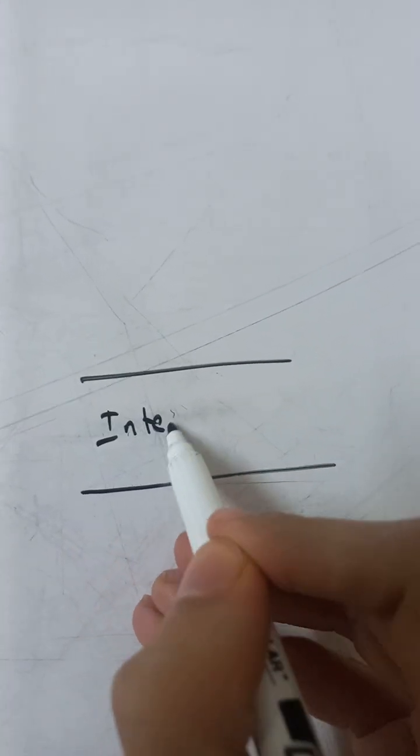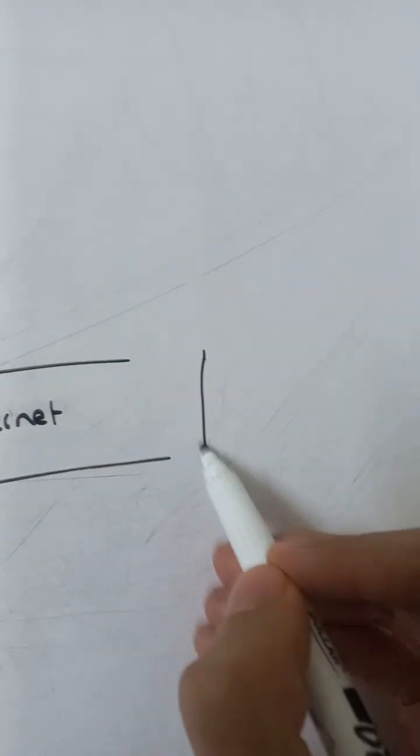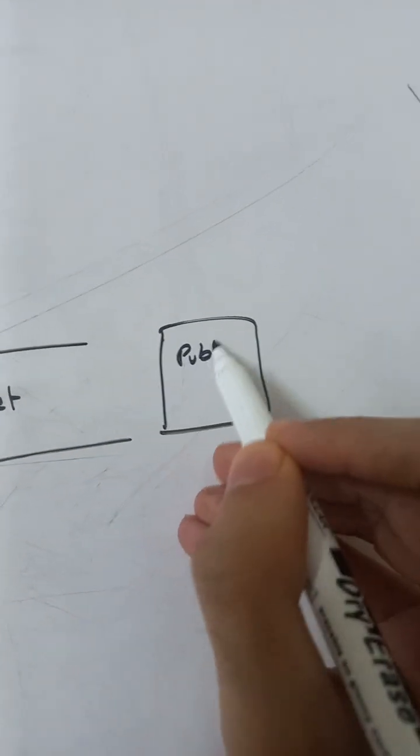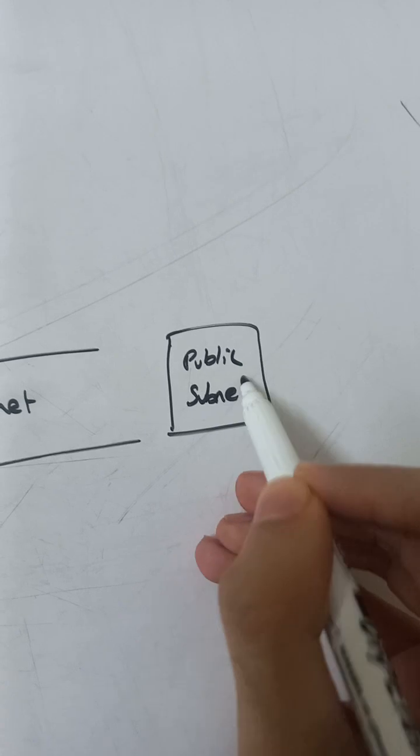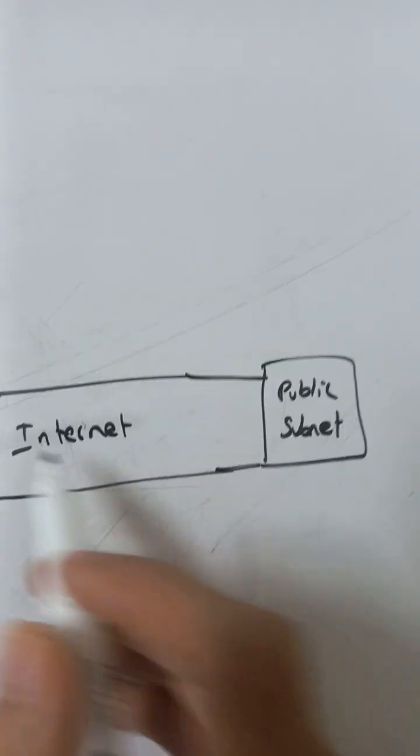So you can think of it as this diagram, in which you have the internet, and this is your public subnet. And by default, everything can enter this public subnet.